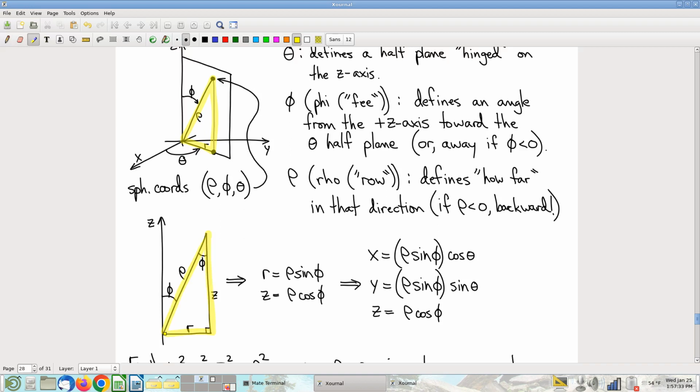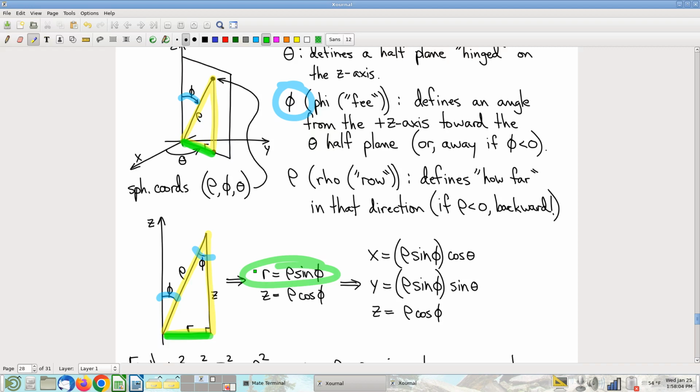Right, a little right triangle. And notice that R is one of the sides of this triangle. Notice that phi is that angle right there, which means it is also that angle right there. And a little bit of easy trig gives you this formula: R is equal to rho sine phi.